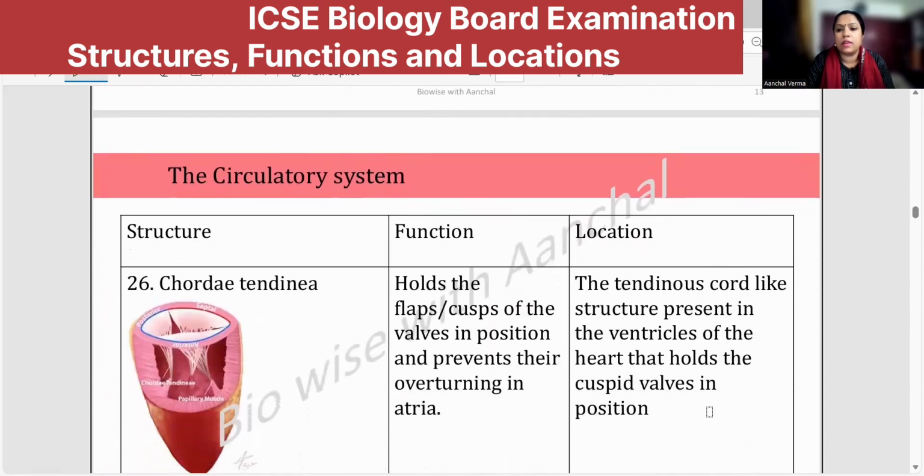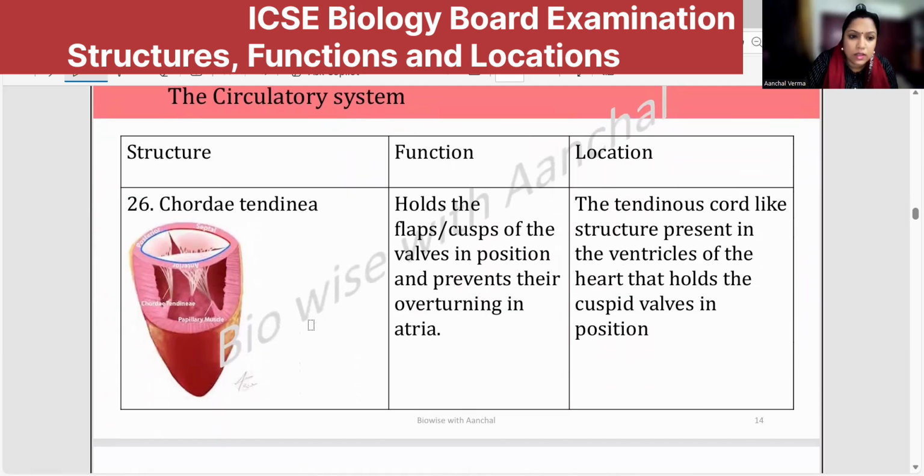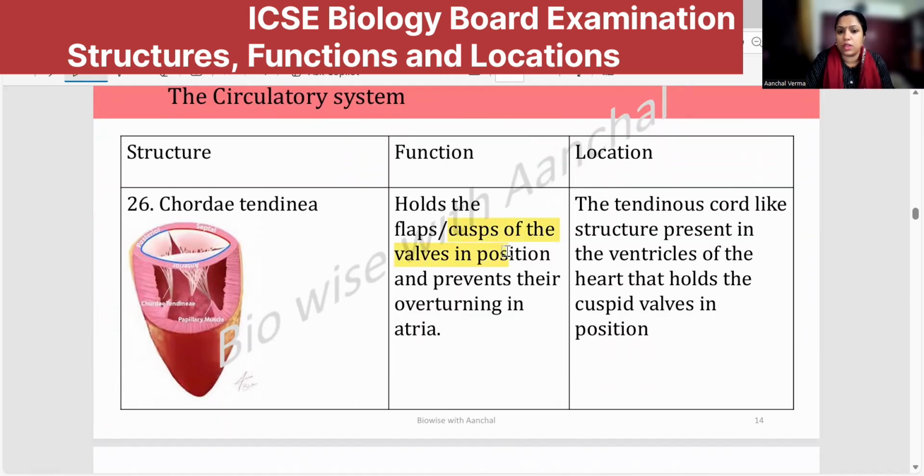Again, next important thing, that is chordae tendineae. Now, chordae tendineae, you can see here that all the cusps are held in place because of these fibers. It is just like the wire of a parachute, which does not allow the parachute to open in the other direction. So here, what is the function? It holds the cusp of the valves in position and prevents the overturning into the atrium.